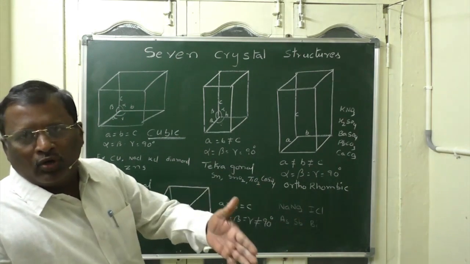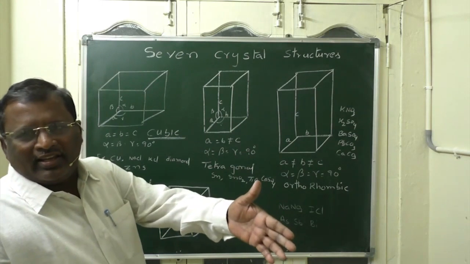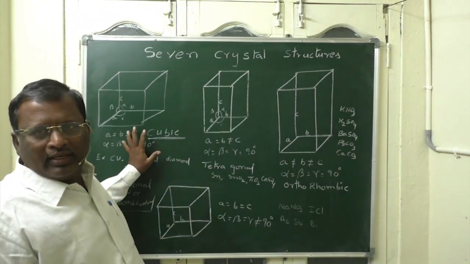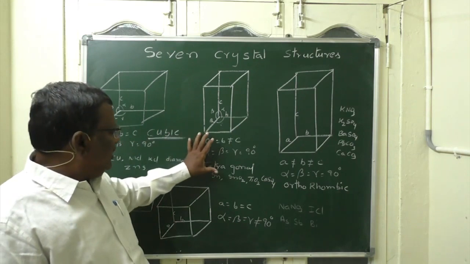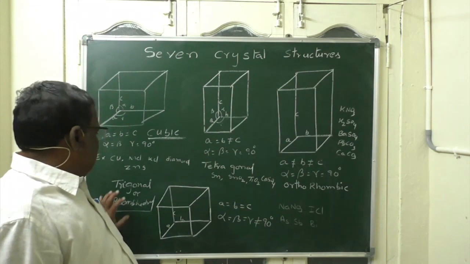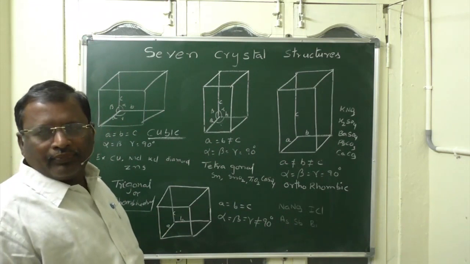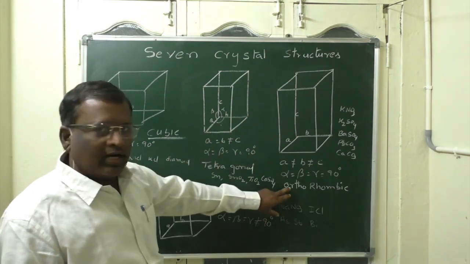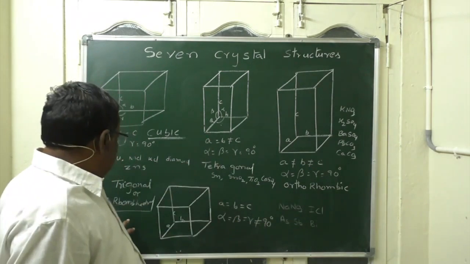The first 4 are cubic, tetragonal, orthorhombic and trigonal.